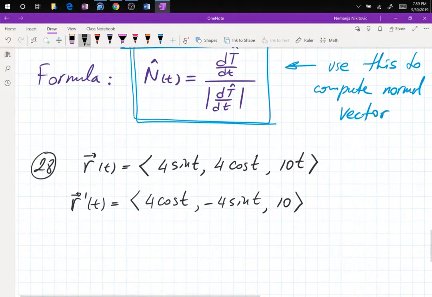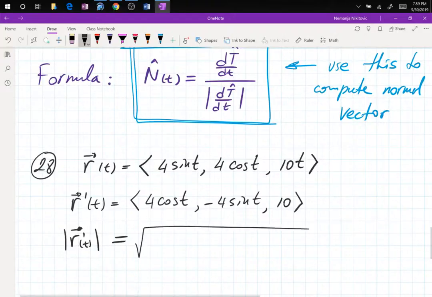Now we have to find the magnitude of this so that we can compute the unit tangent vector.